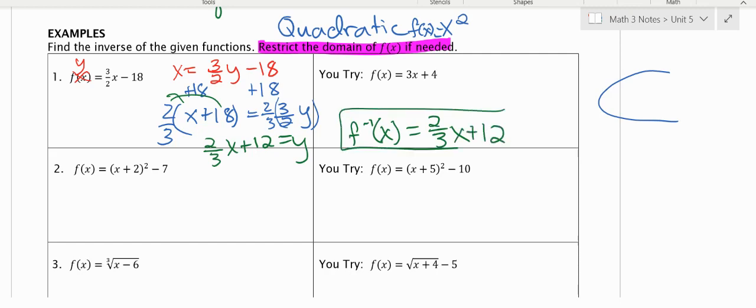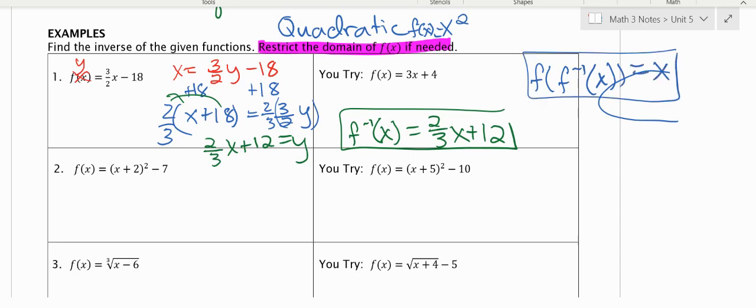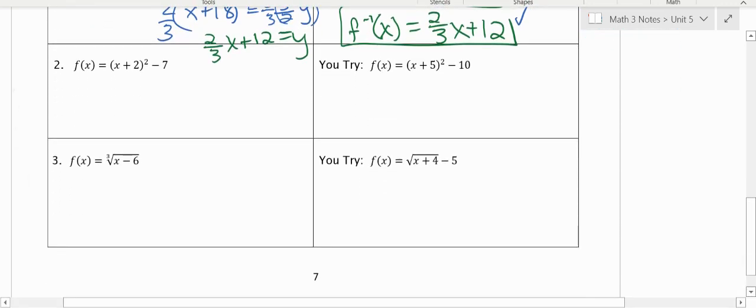So this is the inverse of f of x. So what that means is if I was to evaluate f of negative 1 of x, I would actually just end up with x, right? So if I was to substitute that in, it would check out. So we just found the inverse of that function.